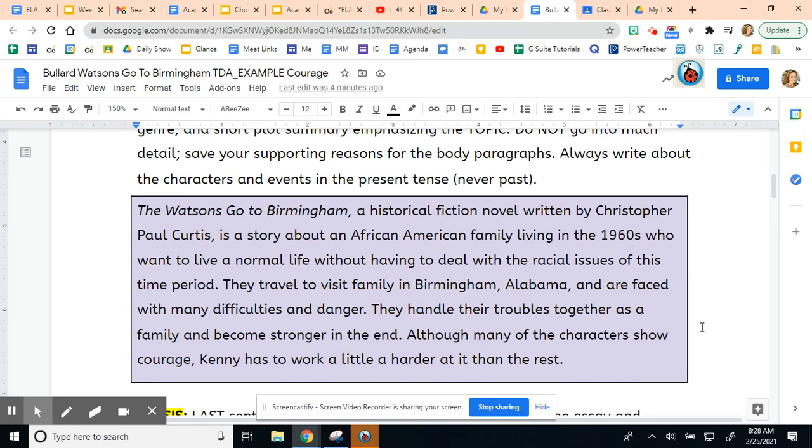So you wouldn't say Kenny worked harder. You would say Kenny has to work harder, like in the present tense. They travel to visit family, not they traveled. So if you have any verbs that are in the past tense, you want to make those present tense. That's just a weird little rule for English. When you write about books and characters, they're always in the present tense.